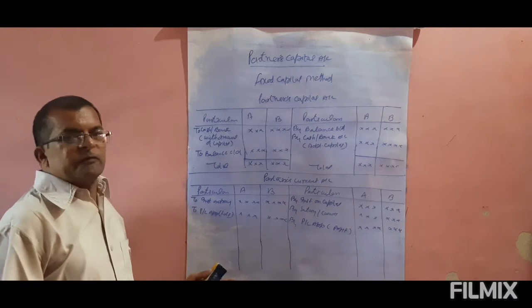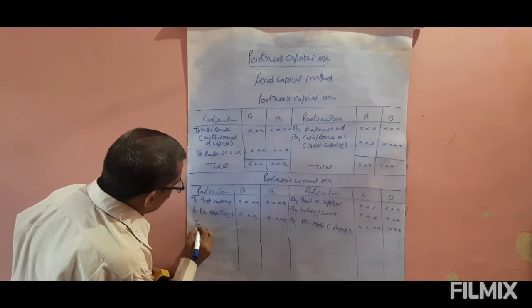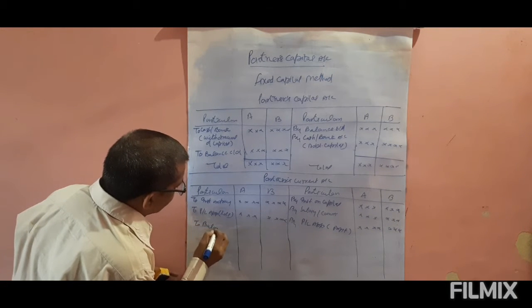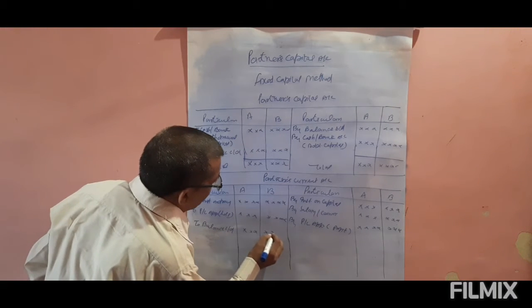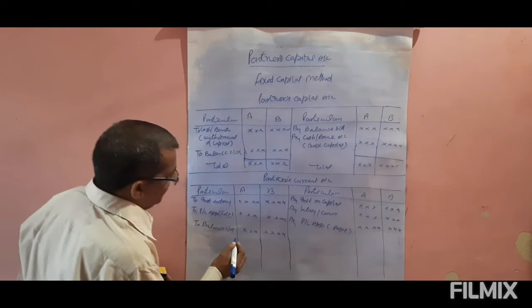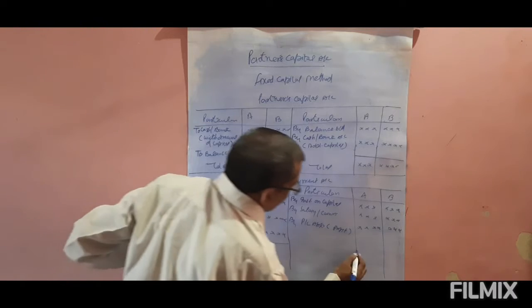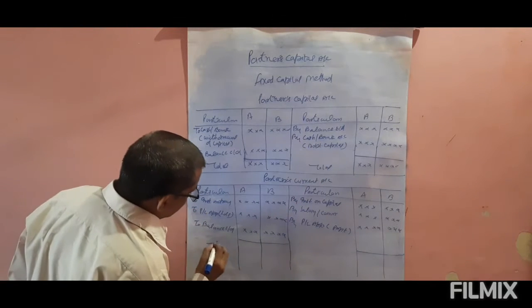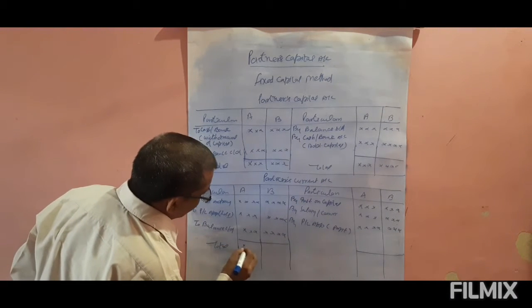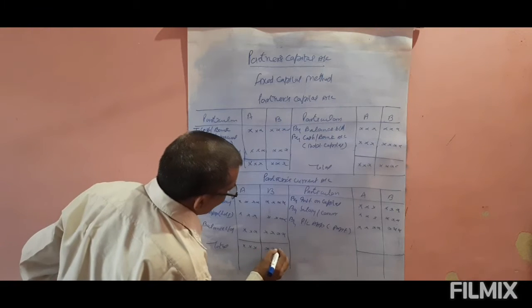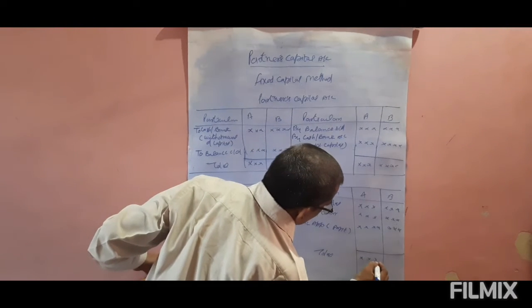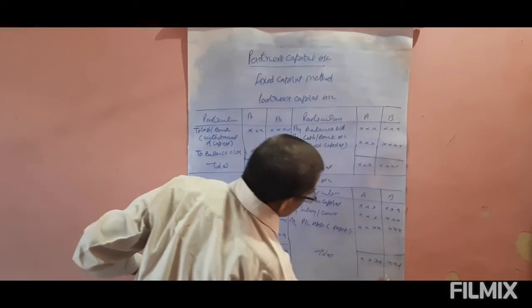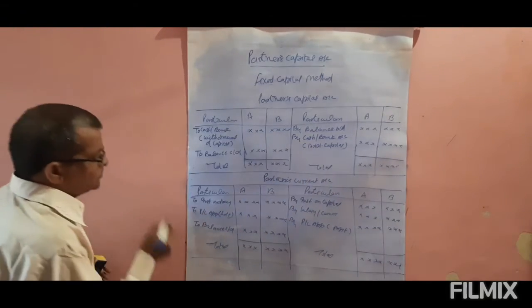At last we find the balance, then to balance c/d, and this is the balance of the partners' current account. At last we make the total of both sides, and this is closed.